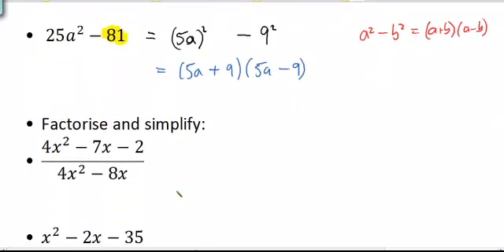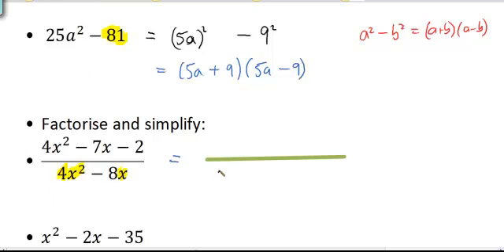Moving on. This next problem involves 2 steps. We have to factorize the top line and the bottom line. First off, I'm going to work with the bottom line, and I'll leave the line underneath there. For the bottom line, I know that there's an x common to both terms, and also there's a 4.